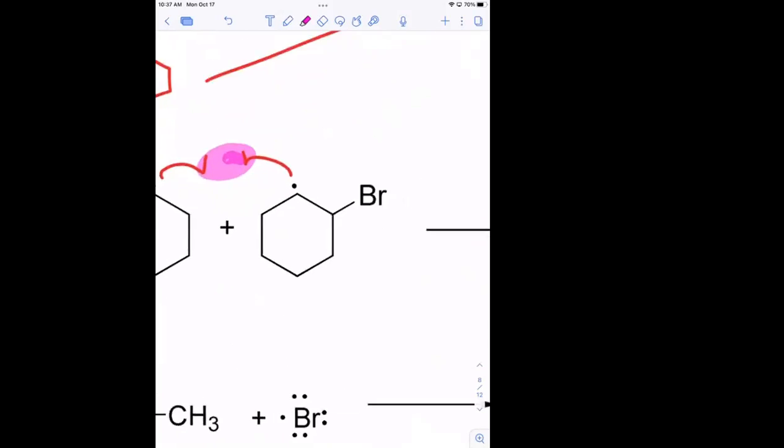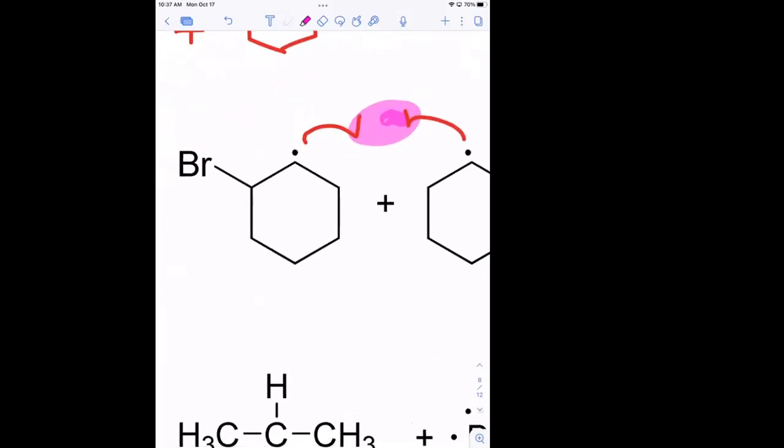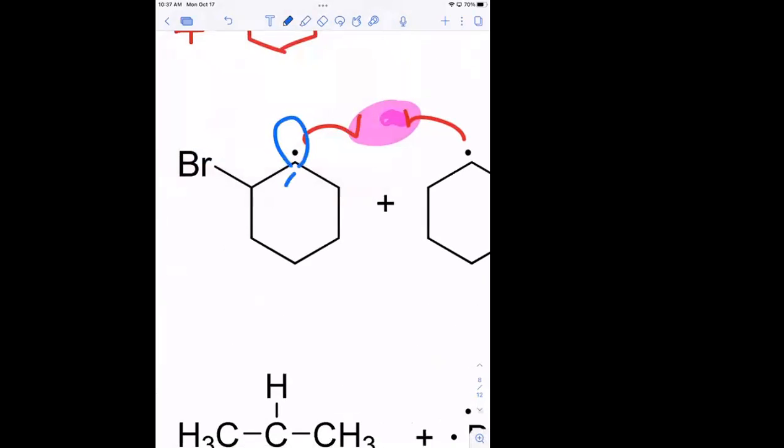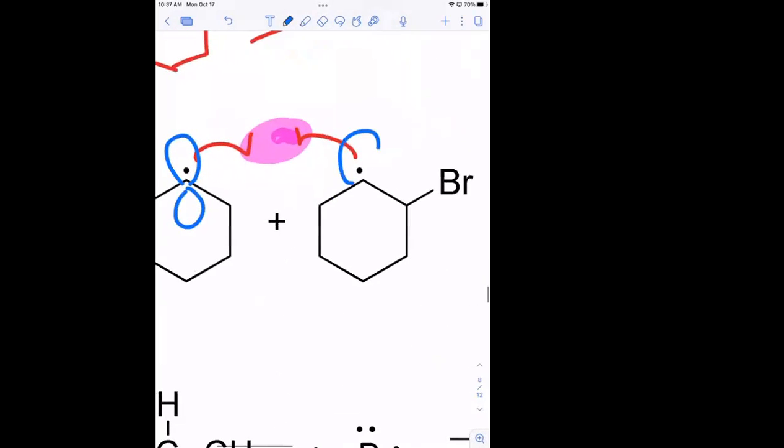So this radical is really sitting in a p orbital on that carbon. Same thing here. So in order to make that bond, they have to overlap. I know I have to draw them flat, but in reality, one is coming from one side, one's coming from the other side, where those 2 p orbitals can overlap and share that electron.